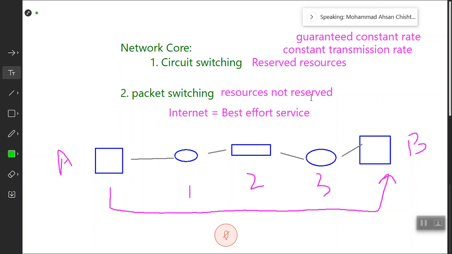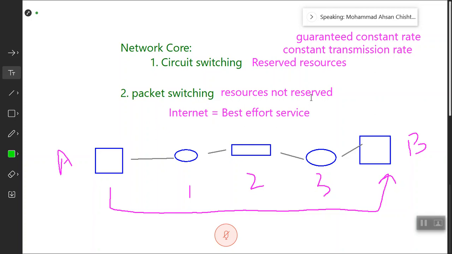In this case, it's like a guarantee that I will get this back. Compared to this, Naveed gave 1,000 rupees to Ankur. Now Ankur is best effort service, in which he says, Naveed, I will try my best to give it back, but I do not promise that I will give you back, and I do not promise that I will give you back within 1 week, but I'll try my best.